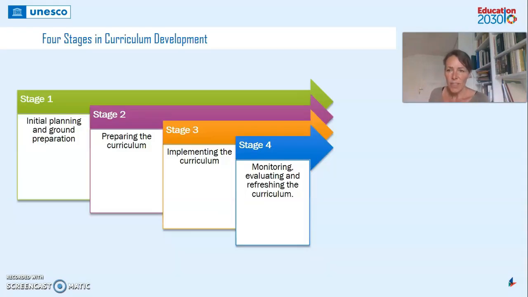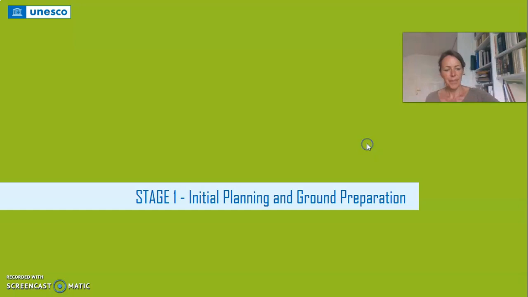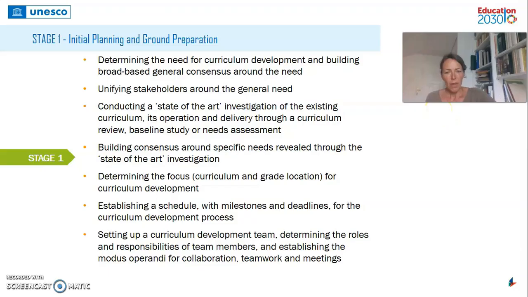Now, there are four stages involved in developing curricula and integrating DRR in curricula. The initial planning and groundwork preparation phase, the preparation of the curriculum itself, the implementation of the curriculum, and then the monitoring and evaluation. So the first stage is the initial planning and ground preparation. This involves determining the needs for the curriculum, also understanding what the state of the art of DRR in the curriculum is.